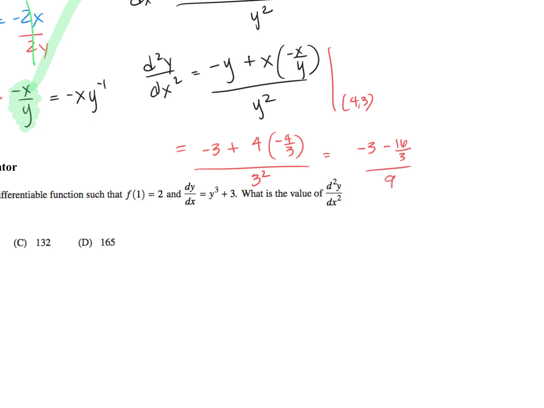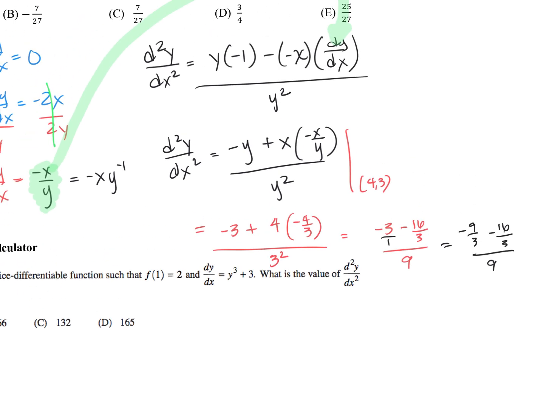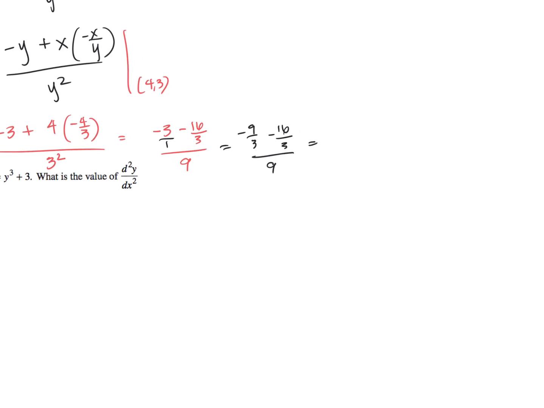It's kind of gross, and if you're struggling with it, I personally would get common denominators up top. Negative 3 as thirds would be negative 9/3 minus 16/3, which is negative 25/3. Divided by 9 is the same as negative 25/3 times 1/9. Then I'd multiply across.